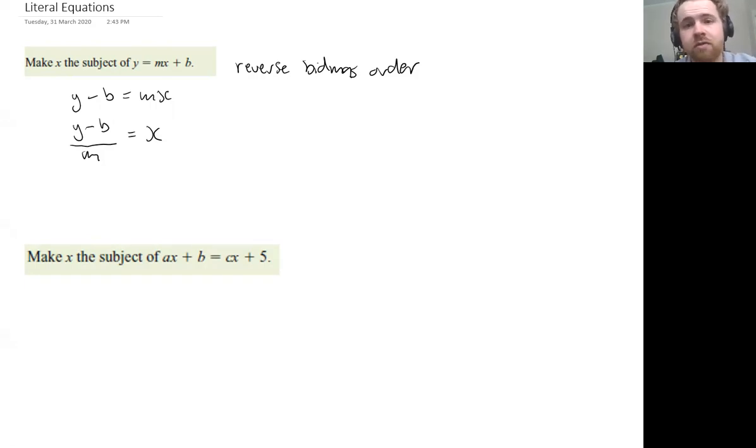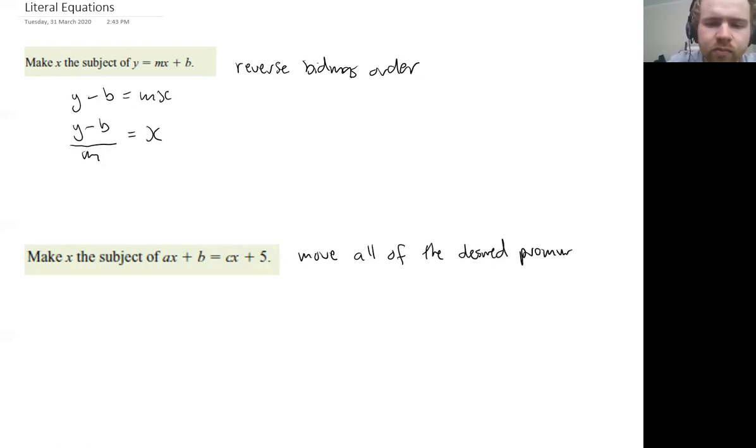So what we're going to do first is move all of the desired pronumerals to the same side first, before we then continue.